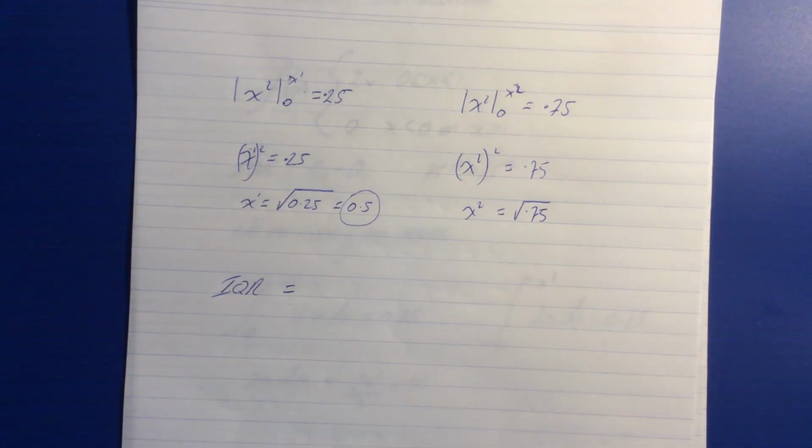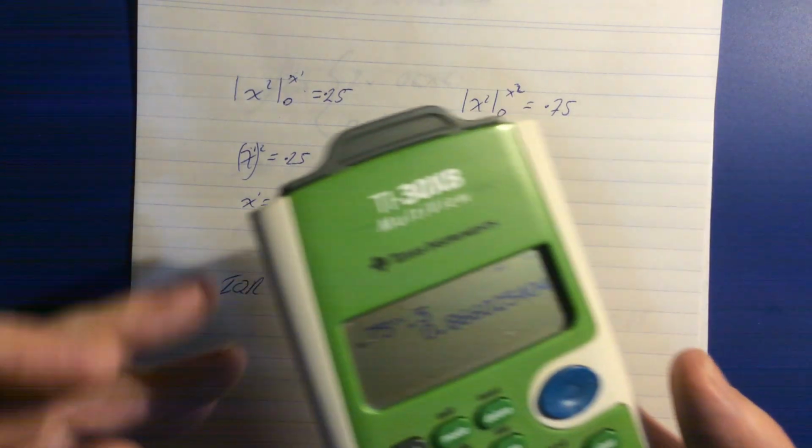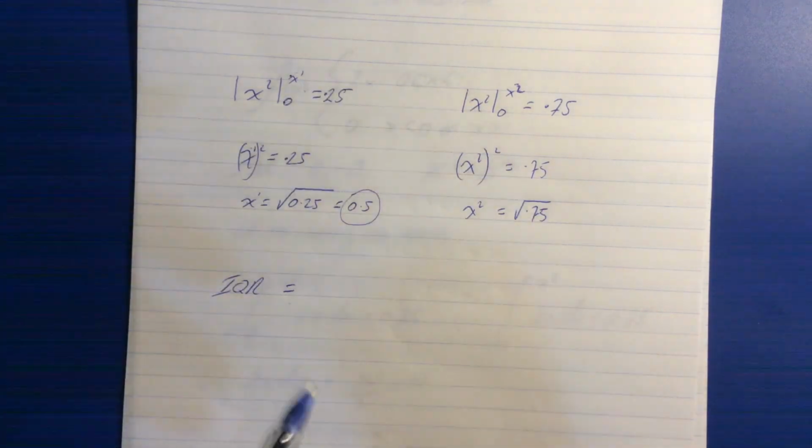Okay, where's the calculator? So it's not as easy as that. Okay, let's go. 0.75, square root of that is, I hope you can see that there, 0.8660.